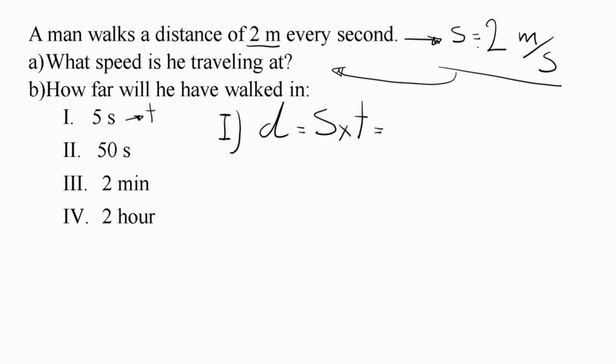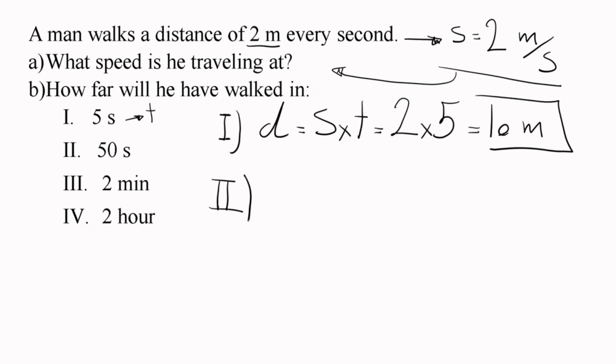Do I have s? Of course, it is 2 meter per second, and here the unit of t is second, so they are corresponding. We do not need any conversion. 2 times 5 will be 10. What is the unit of 10? Look, here the unit of speed is meter per second, so it's going to be meter. Excellent.